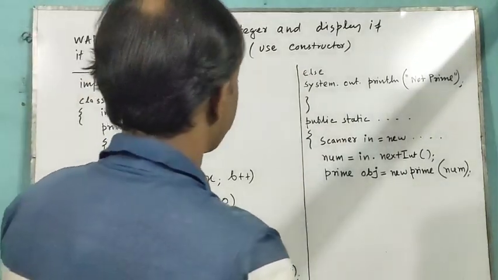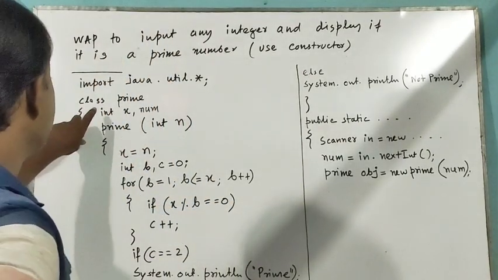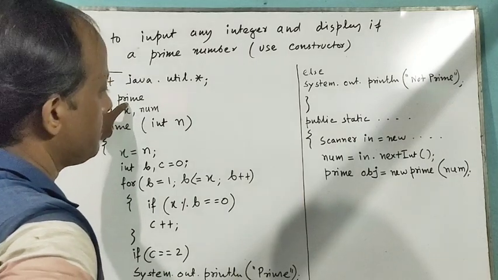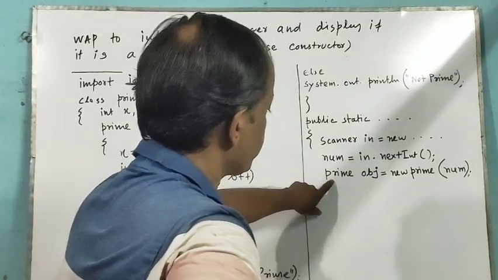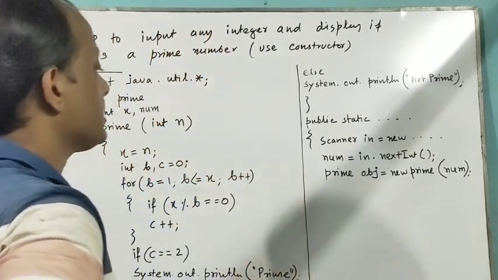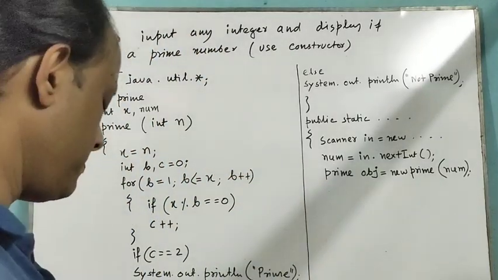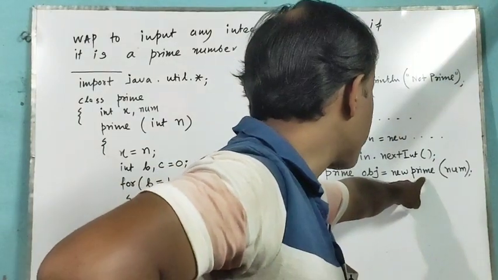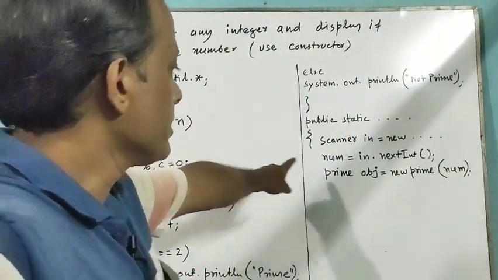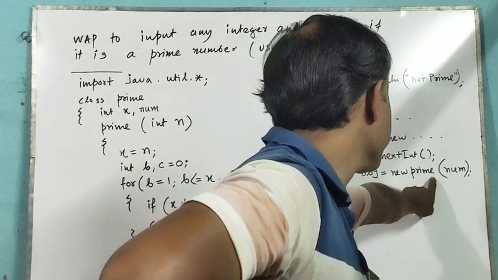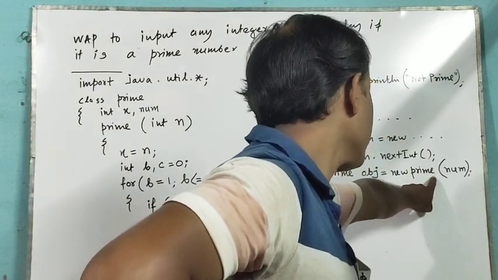Now by this line what I have done, I have created an object of class prime, and when I create an object of class prime, the constructor prime is automatically called.